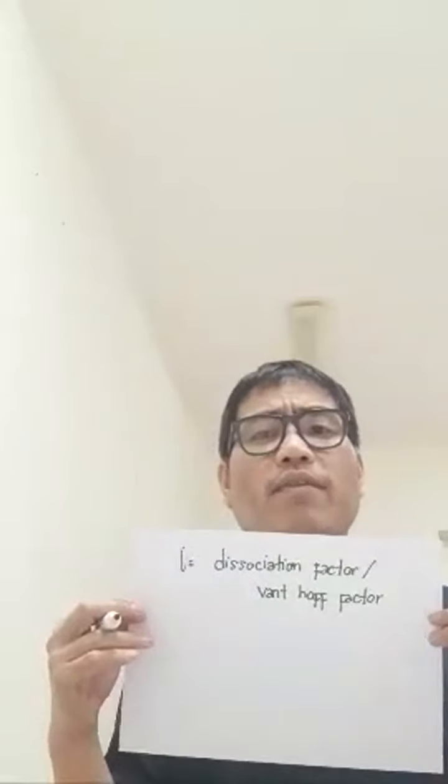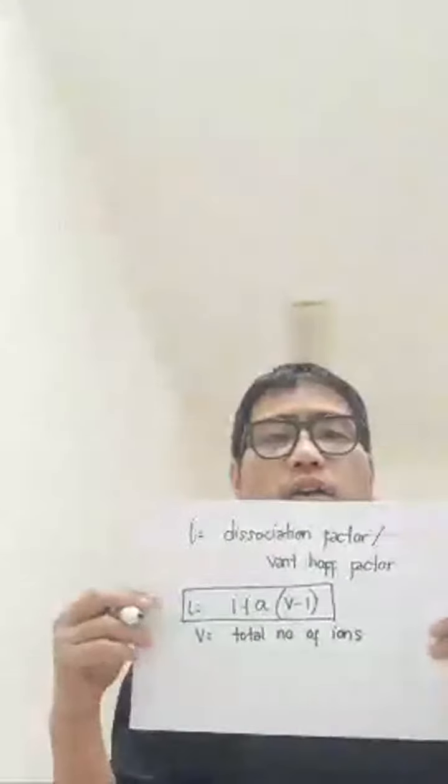We have i equals 1 plus alpha times (v minus 1), wherein v is equal to the total number of ions.